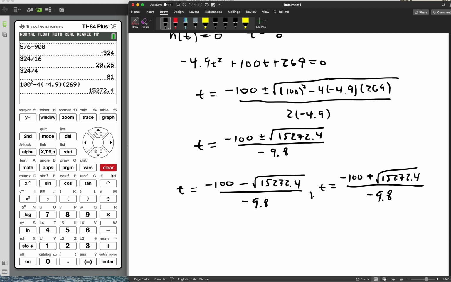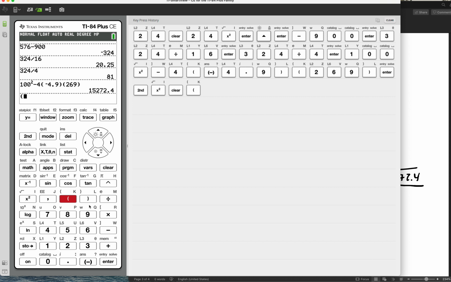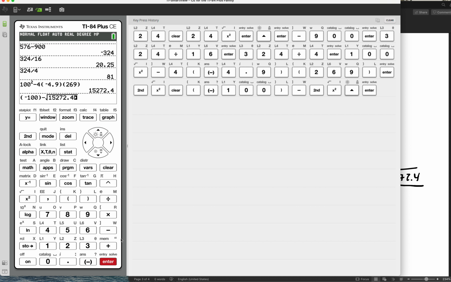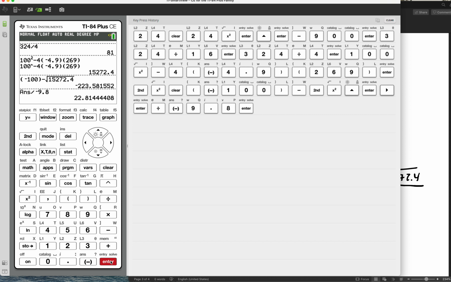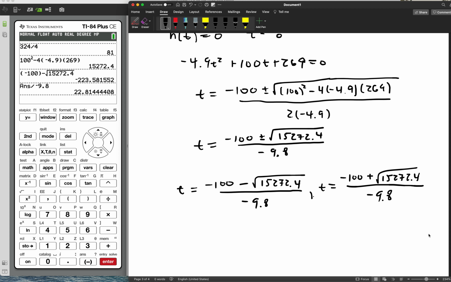And let's compute these using our calculator. So we got negative 100 minus square root, and that's going to be divided by negative 9.8, 22.814.